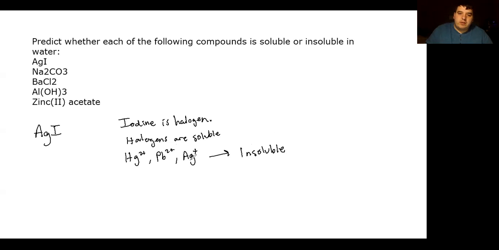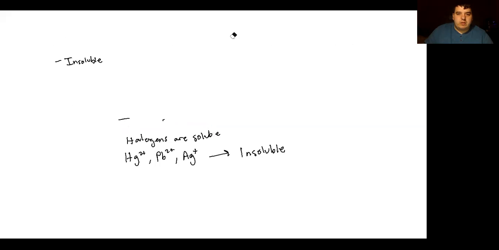Therefore, we can conclude that because we have a silver ion or a silver atom included in this compound, we can agree that this is an insoluble compound. Now remember, normally halogens are soluble, but because there's a silver atom included in this compound, it automatically makes it insoluble.